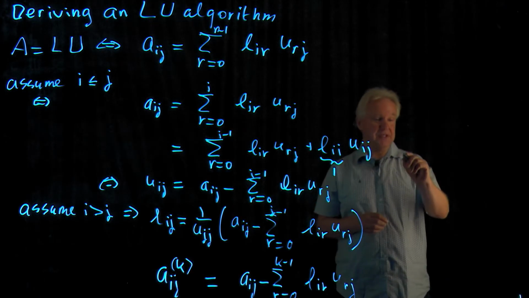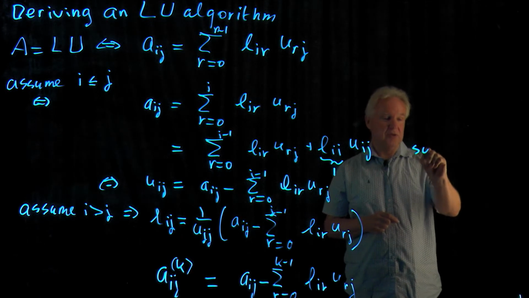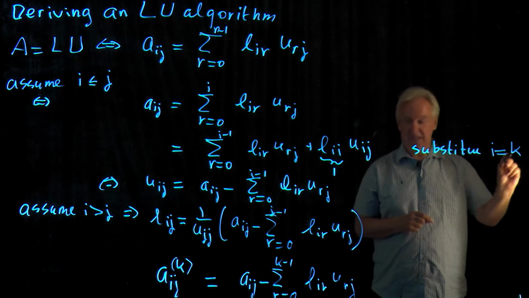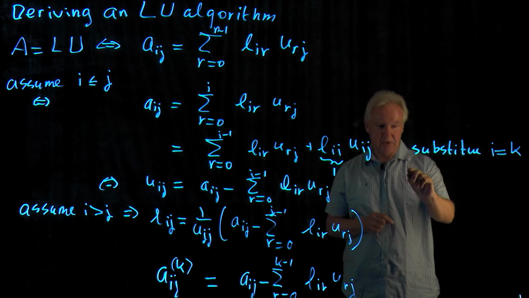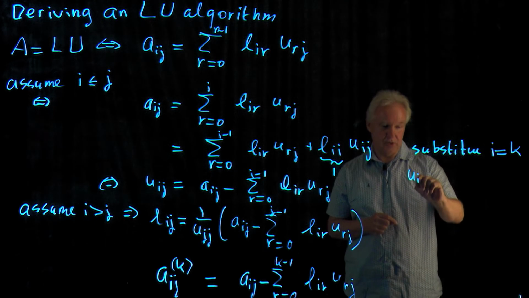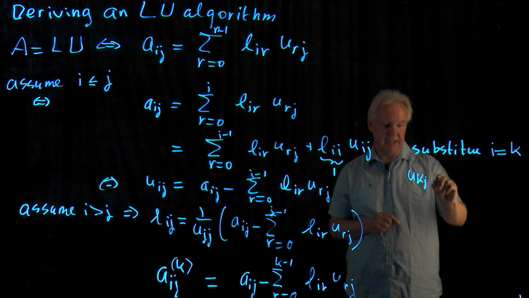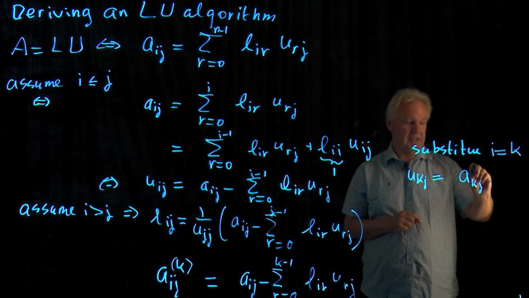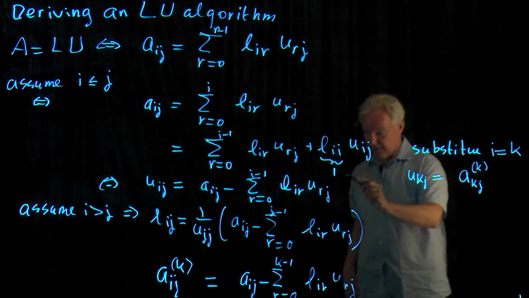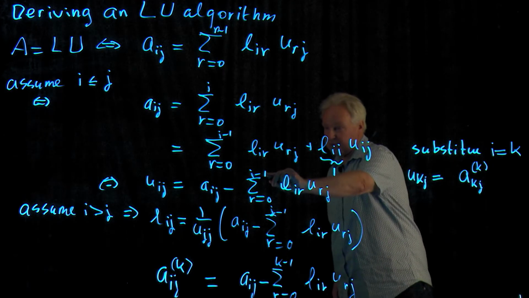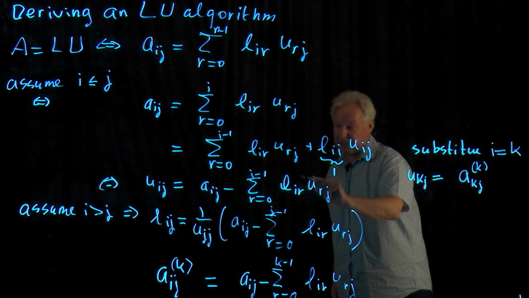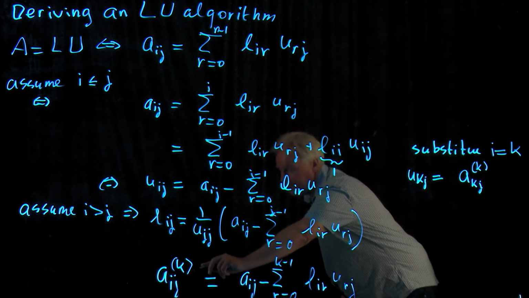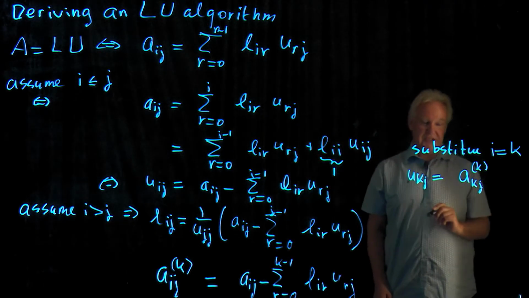Now we can use this new notation, substituting i equals k. Then we get that Ukj equals Akj at stage k.